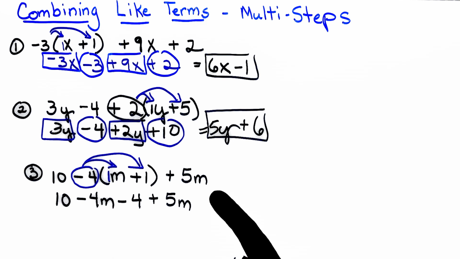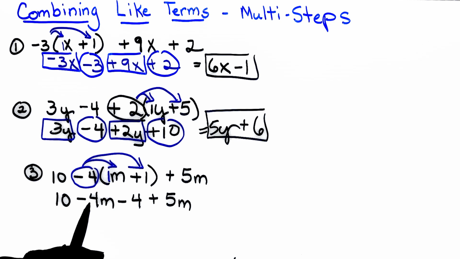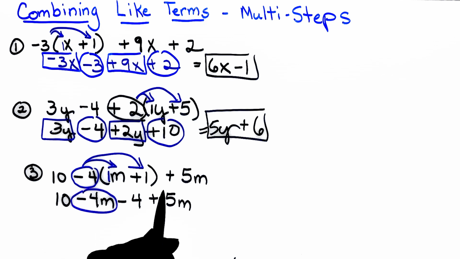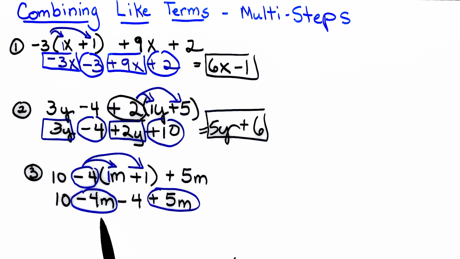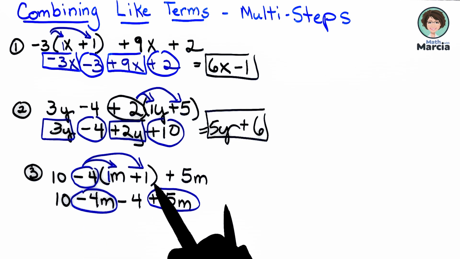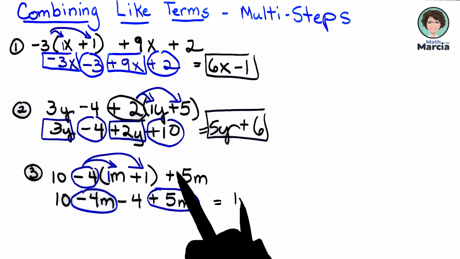And now that I see that it's out of the distributive property, I can put together like terms. So I'm going to start with my m's because usually the variable is listed first. And I have a -4m and I have a positive 5m. So -4 plus 5, I know is going to just give me a 1m.